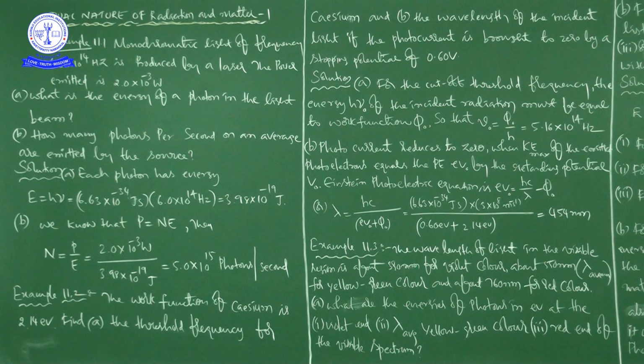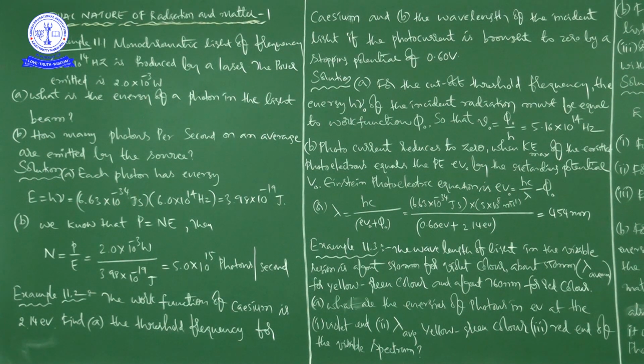One is, what is the energy of a photon in the light beam? Second one, B: how many photons per second on an average are emitted by the source? So two things we have to find.